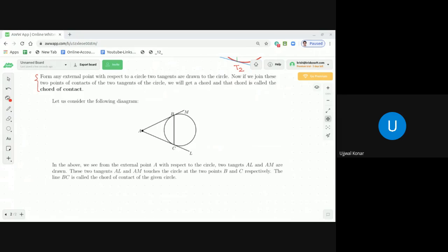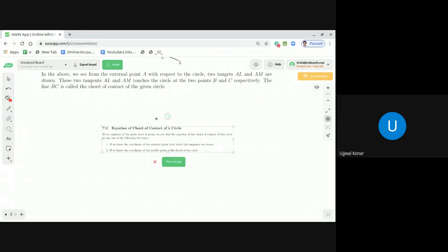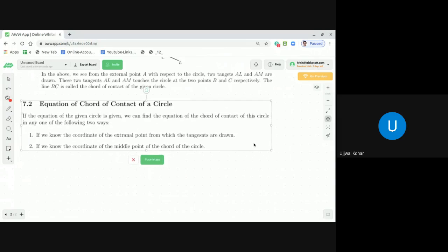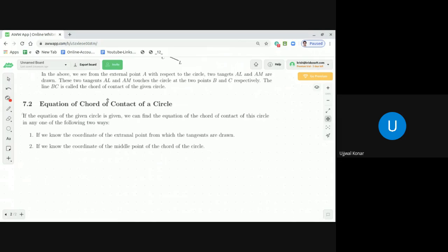Equation of a chord of contact of a circle. Here, dear students, understanding the concept is very important. First, you understood the definition, and now let us understand how to obtain the equation of the chord of contact of a circle. So, let me read out that statement and explain further.